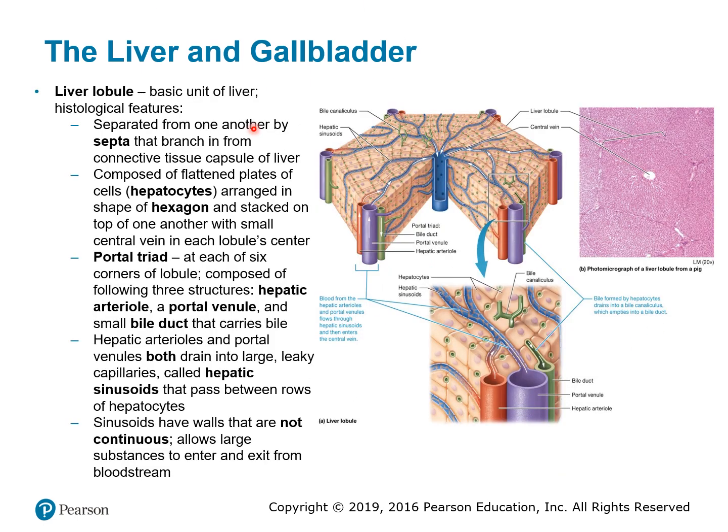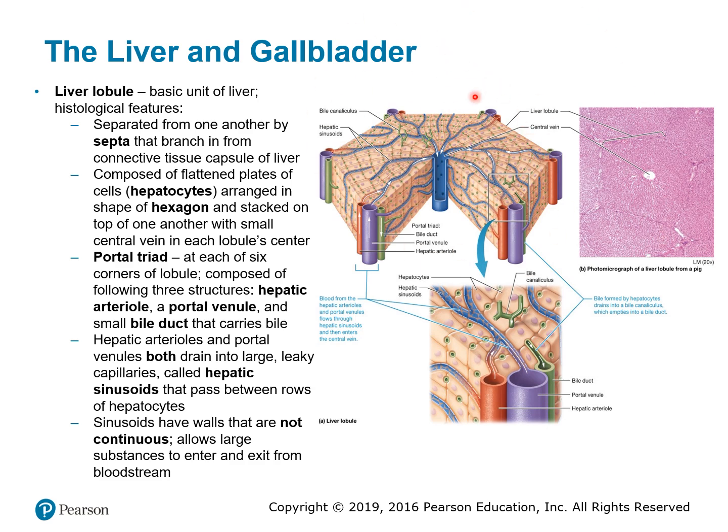Okay, so the liver has something called a liver lobule, which is a basic unit of the liver, and it has specific histological features. So let's say here that we take a part of the liver and we were able to zoom in. This is what it looks like.